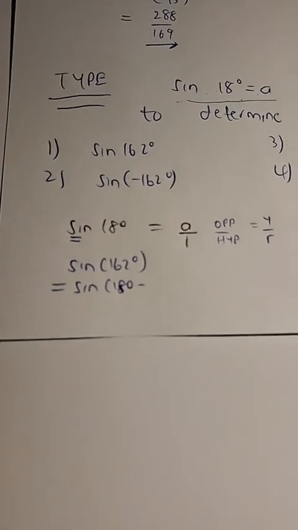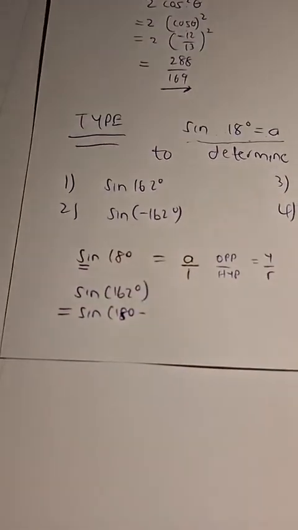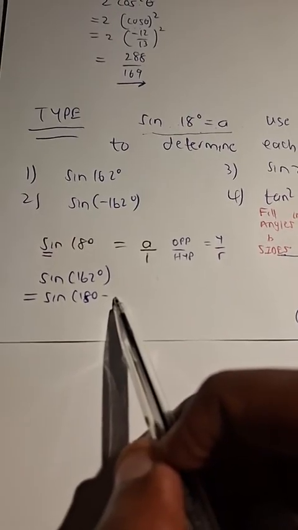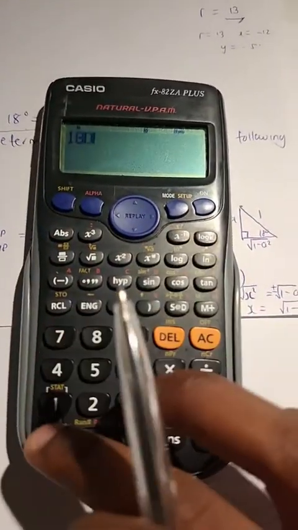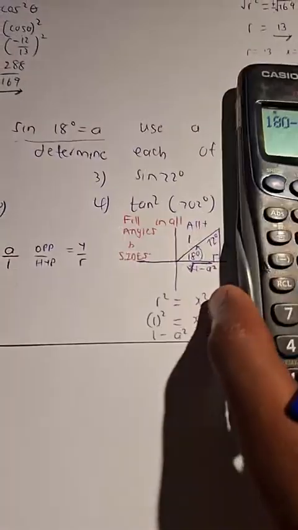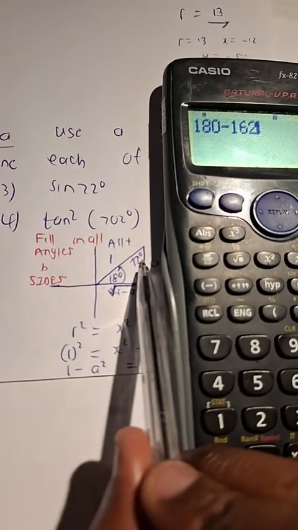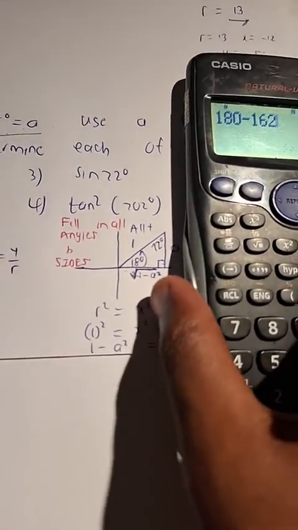I feel like some people get this completely twisted. There are people that will write sine of 180 minus 162, for instance. No, guys, you can't do that. You can, though, go to your calculator and say 180 minus 162. You want to see if you get either the angle 18 or 72, because to use this triangle, you need to get 18 degrees or 72 degrees in the mix.